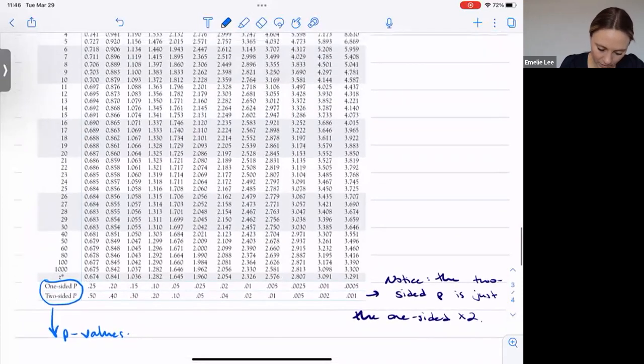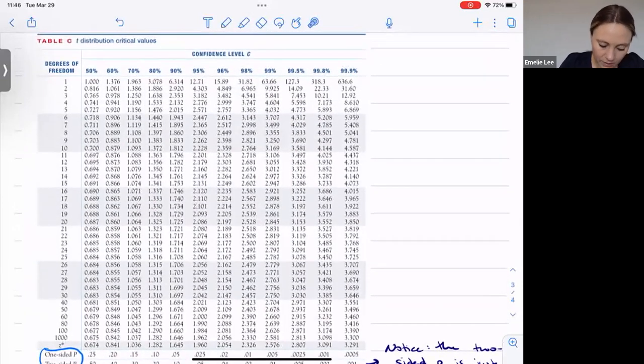So let's go back up here. We have some degrees of freedom. Your sample size doesn't change. Once you have a sample size that you've been given, that's your sample size. And once you have your degrees of freedom, which is your sample size minus 1, then you have to stick to that row.